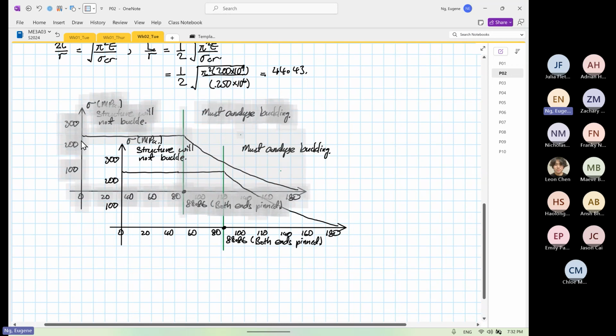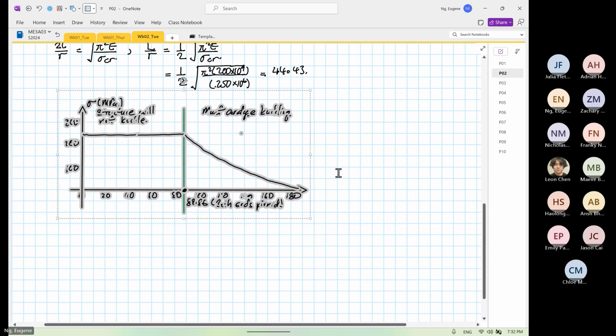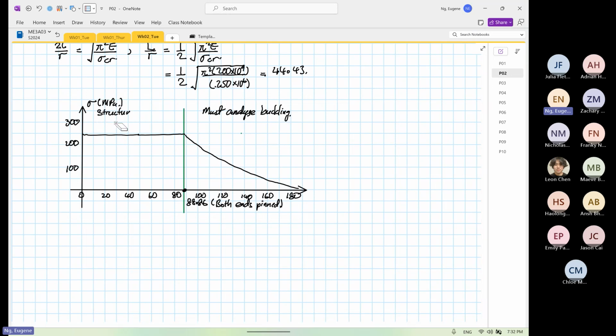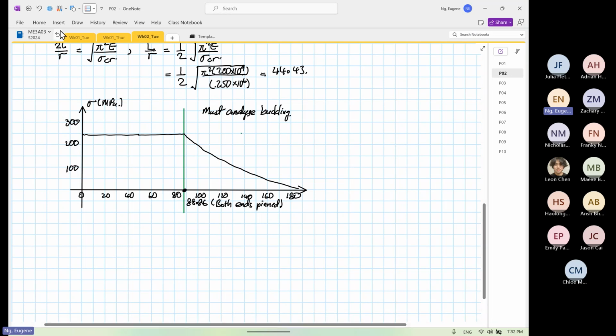So what does this mean now? This means the structure will buckle or will be more sensitive to buckling. So now we drop this to 44.43.